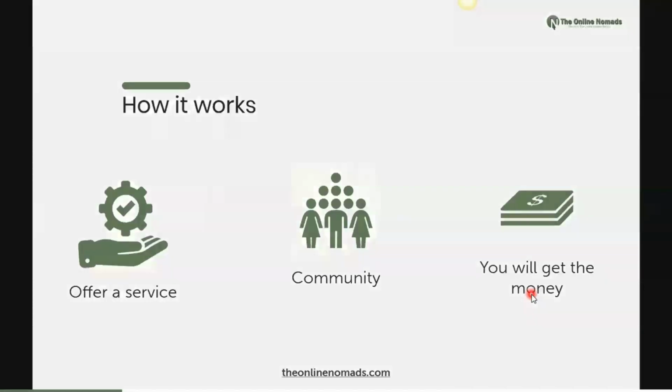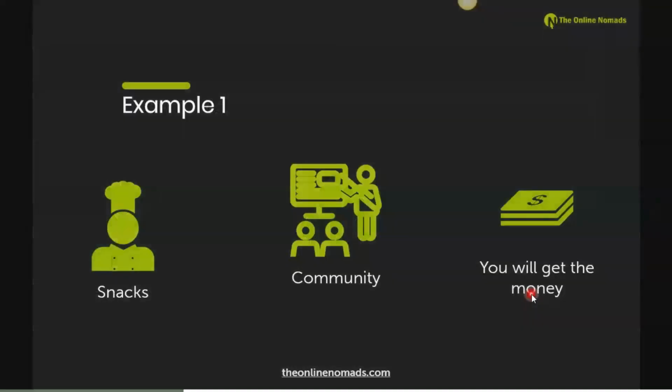So example number one, let's say you're a chef. You like the kitchen, and you tell your leader, when you're doing the next presentation, I want to cook some small snacks, like sandwiches and samosas, and sell them at your next presentation. You can prepare that in your kitchen and get paid to do that.